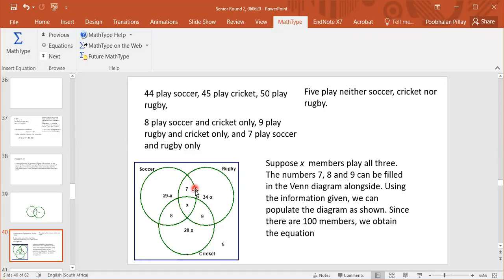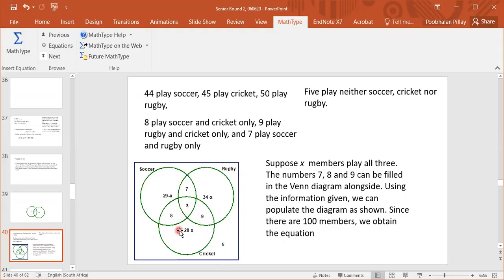And now here in this part here, these are the people who play soccer and rugby, but they don't play cricket. See? And here again, these people here, they play rugby and cricket. This region here, they play rugby, and they play cricket, but they're not in that one there. They're outside, so they don't play soccer.